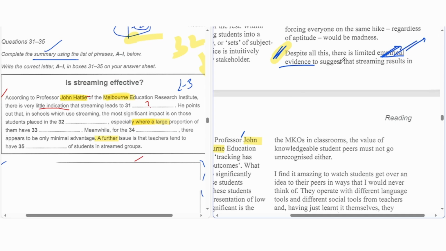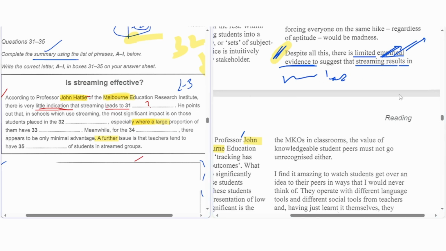They're saying there is limited evidence. Limited evidence means little indication. There is limited evidence, little indication to suggest that streaming leads to something. Leads to means something results. If I say this class leads to a good result for your fill in the gaps with clues, this class results in good results.